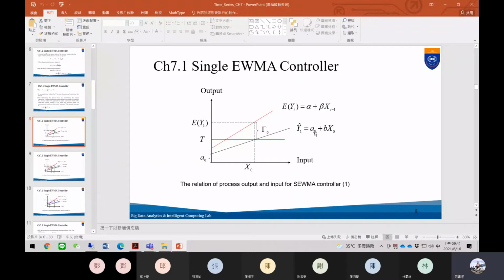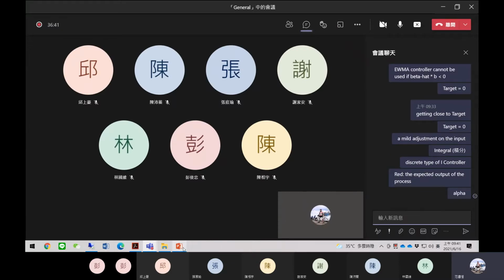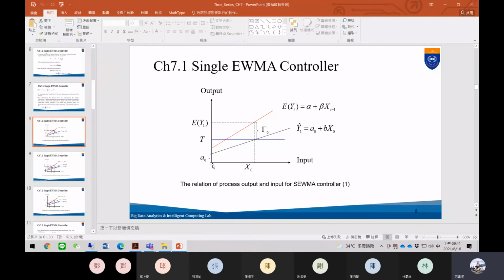And Y1 has this initial estimate A0. Actually, the true value is alpha right here. Actually, we don't know the true value of that. This is the alpha.